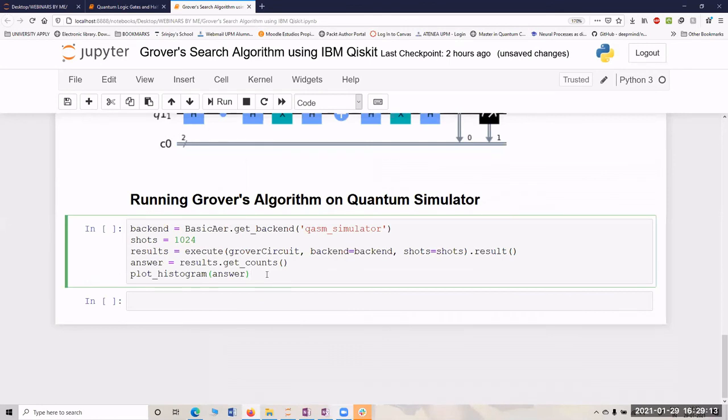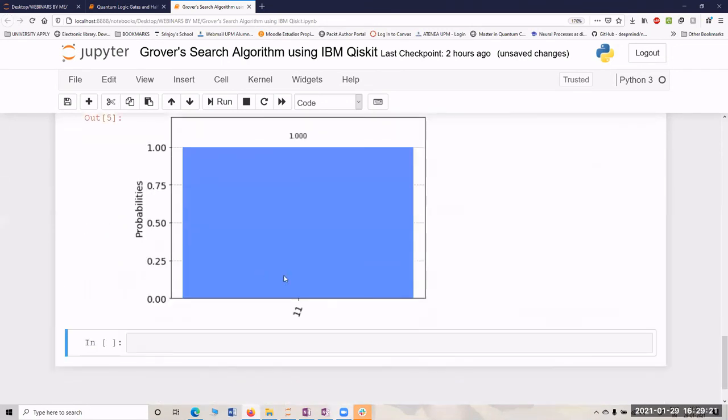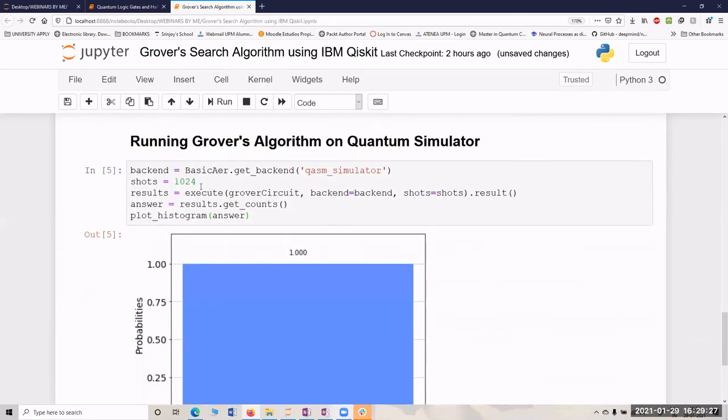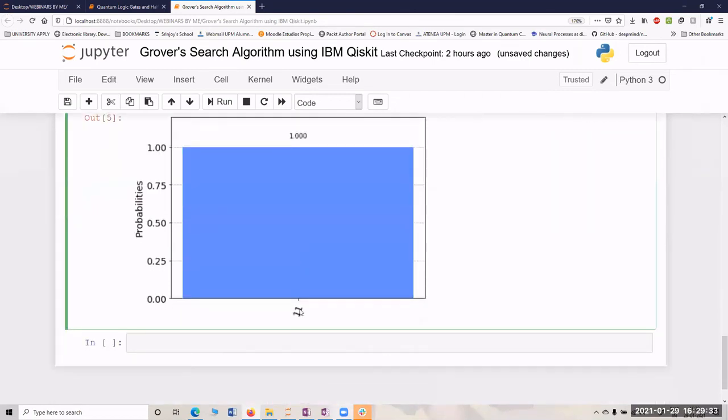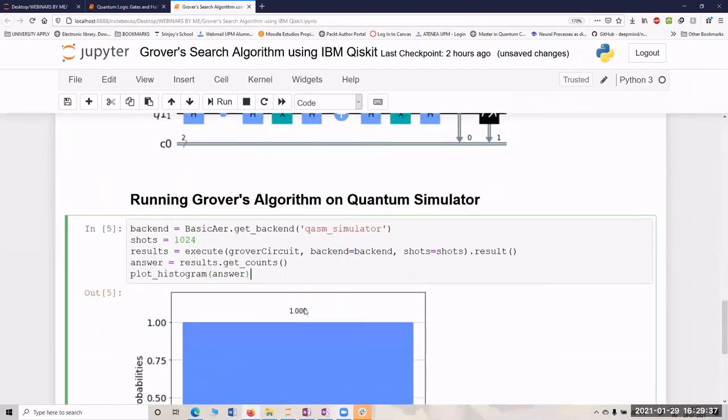If you run this using a quantum simulator, you will see that with 100% probability, because the experiment is run 1024 times, these are the shots. After it runs 1024 times, you will see a high probability, and since this is a simulator, it's showing a perfect result.